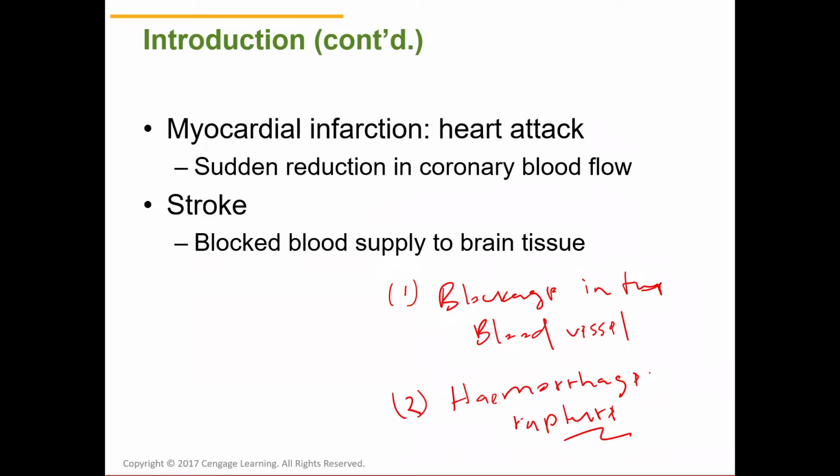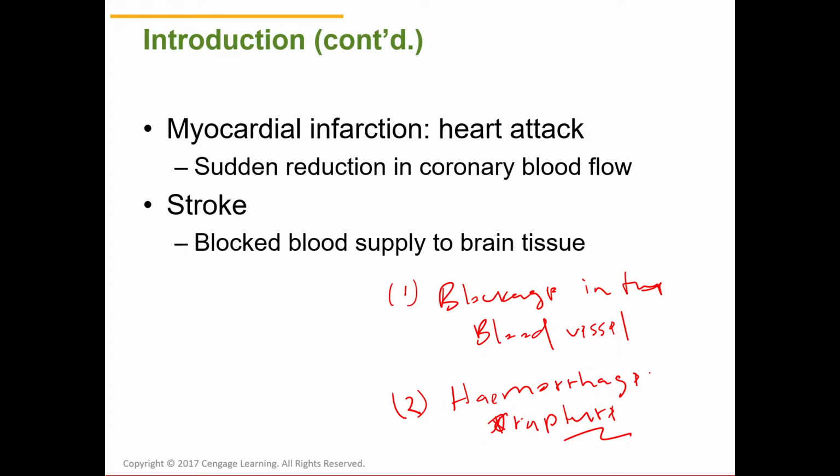Okay, so hemorrhage is more or less blood loss as a result of rupture of the blood vessels. Stroke can be caused as a result of the arterioles in your brain having ruptured, probably due to very high blood pressure and so on.